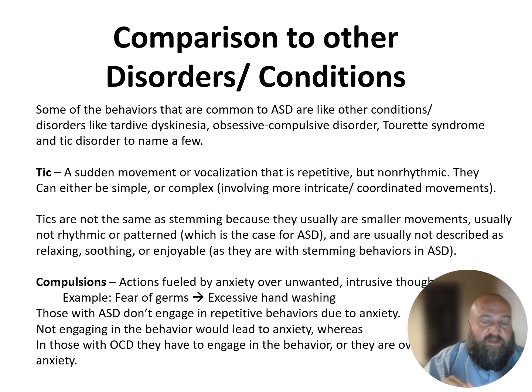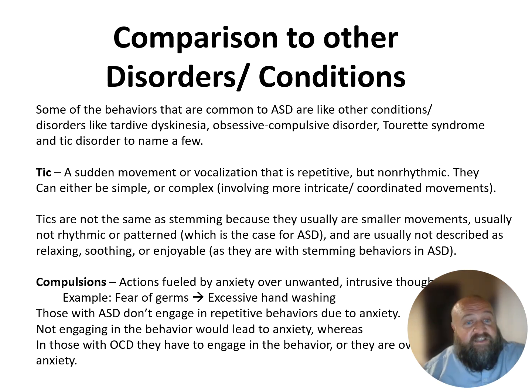They are different. A tic is a sudden movement or vocalization that is repetitive but non-rhythmic. They can either be simple or complex. A simple tic can be where you just have a twitch of your shoulder. A more complex one can be where it's several movements in one. And again, it can be a muscle movement, but it also can be vocalization.